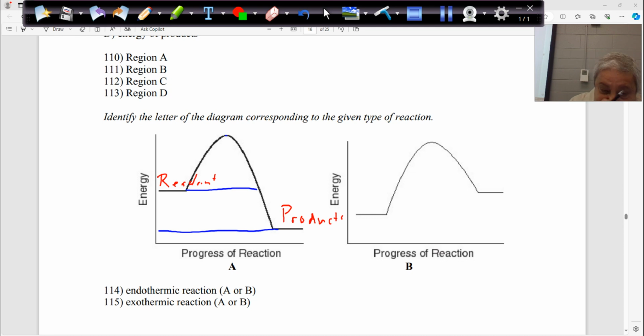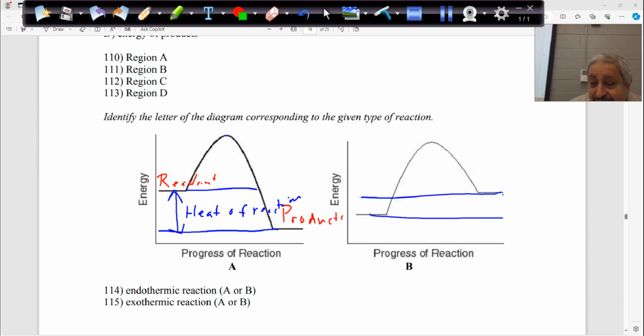Okay, so here it is. From the reactants to the products is called the heat of reaction. Heat of what? Reaction. So from here to here, that's the heat of reaction.